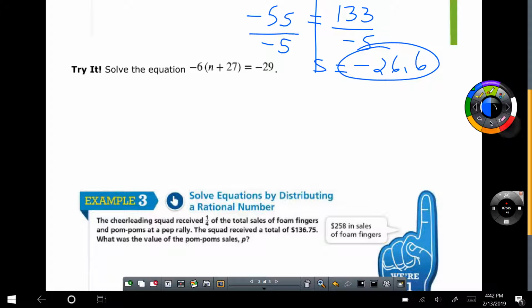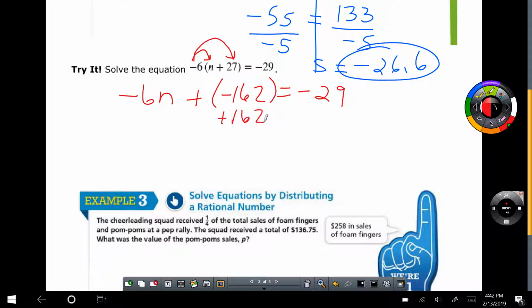All right, so very quickly, we first need to do negative 6 times n, which is negative 6n, plus negative 6 times 27 is negative 162, equals negative 29. We're going to add 162 to both sides. We get negative 6n equals negative 29 plus 162 is 133, just like the last problem.